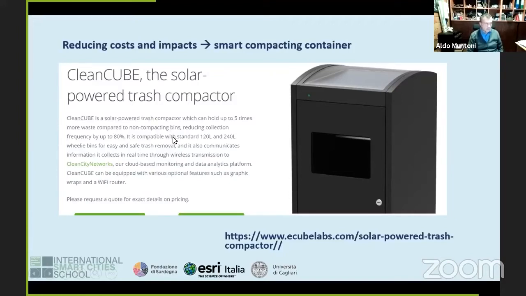So the aim of this smart container is to reduce the collection frequency, and so to reduce all the impacts which are related to the collection routes, okay, in particular in big cities with a lot of traffic at every hour of the day, okay.